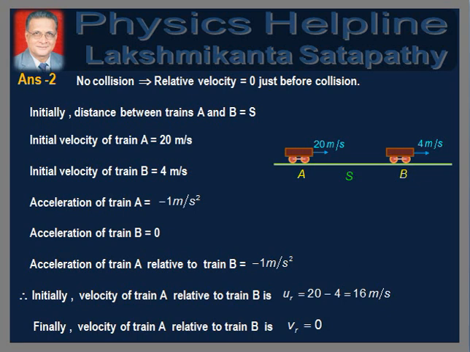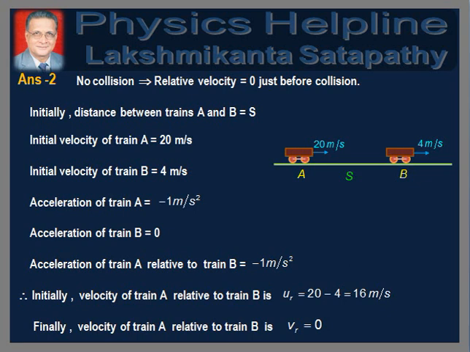Therefore, acceleration of train A relative to train B is equal to -1 meters per second square. Initially, velocity of train A relative to train B is equal to 20 minus 4, which is equal to 16 meters per second.